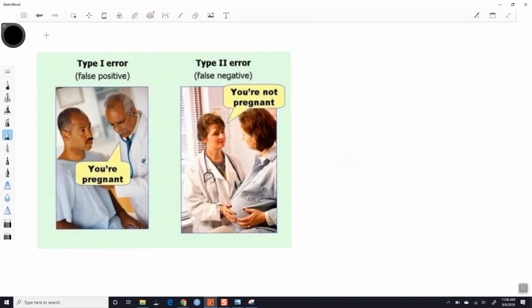Thank you. So here the null hypothesis is the patient is not pregnant, and the alternative is that the patient is pregnant. The type 1 error is the false positive.